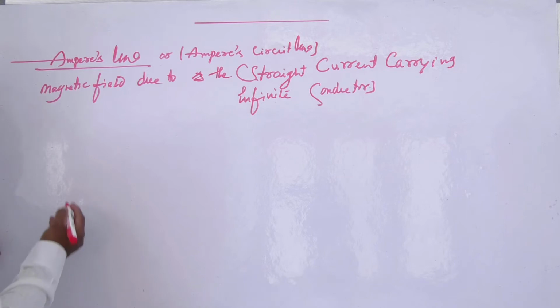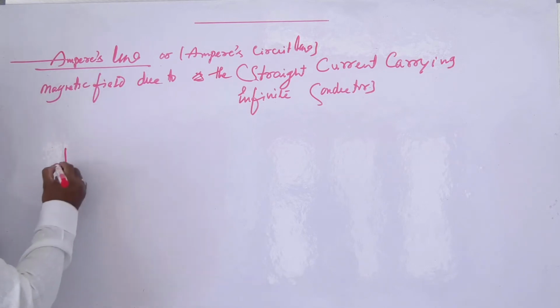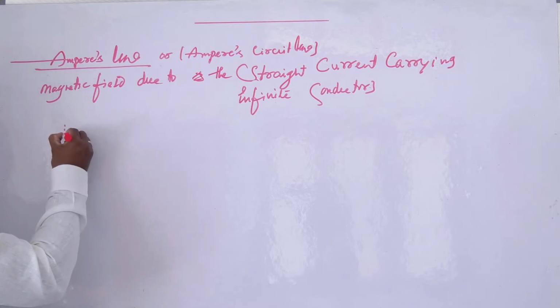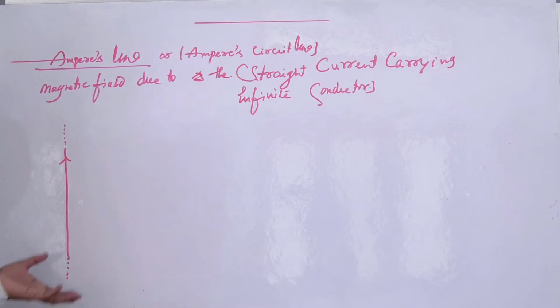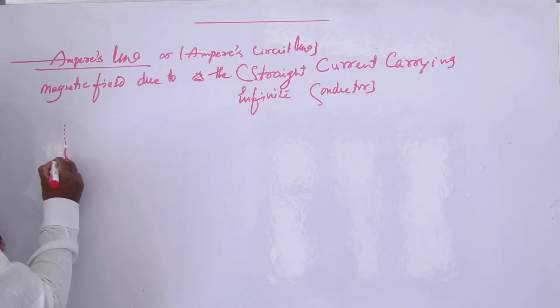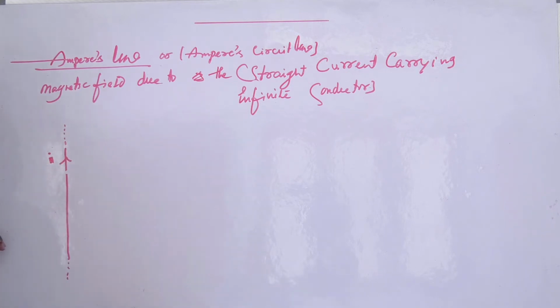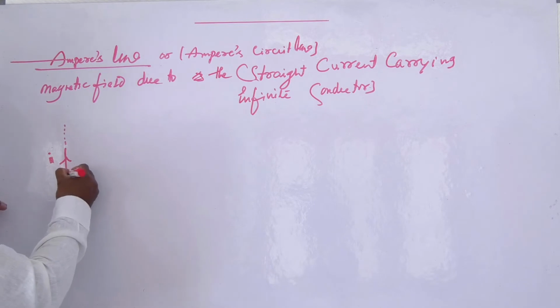Now you take one conductor. Let us consider a current carrying conductor of infinite length. Some current is passing through it. Let us say the current in the conductor is I. When current is passing through this conductor, what happens?